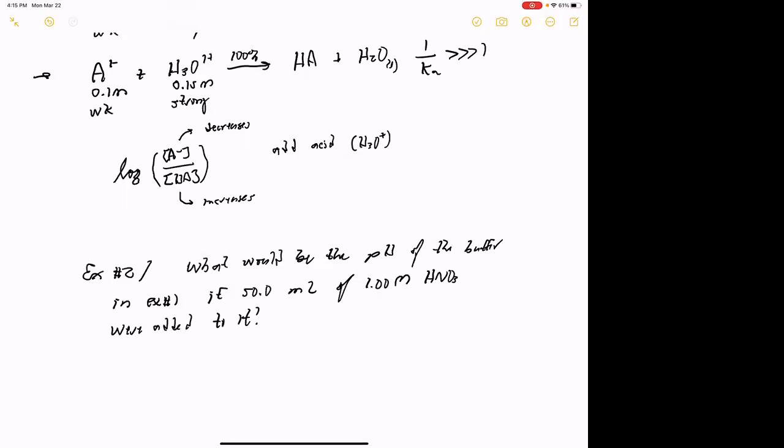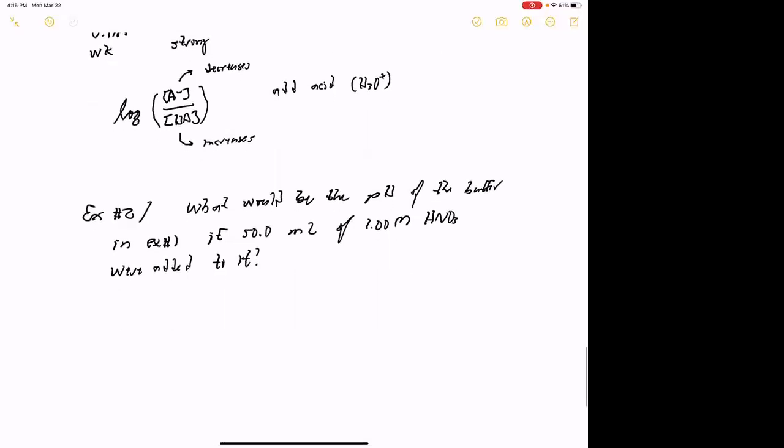Okay. So what's the reaction? Well, the reaction is going to be that strong acid reacting with the base part of the buffer. But the first thing we have to remember when we're dealing with this is that HNO3 is a strong acid, right? So if I've got 1.00 molar, let's go ahead and just write the reaction showing its dissociation.